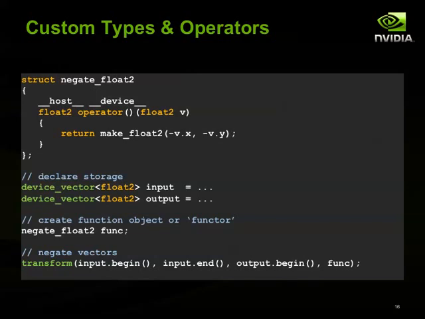And we can change the operation. So this transformation will take in a vector of 2-dimensional floating point numbers, so x and y in each structure. And it's just going to negate them. So it's going to take in a 2D floating point vector and then just reverse the x and y directions.